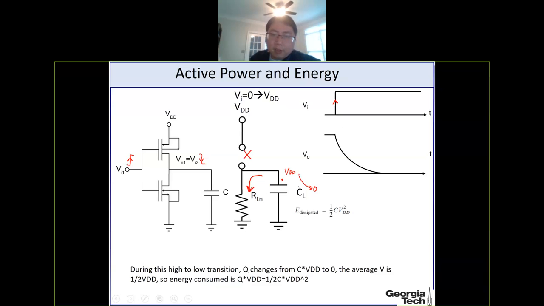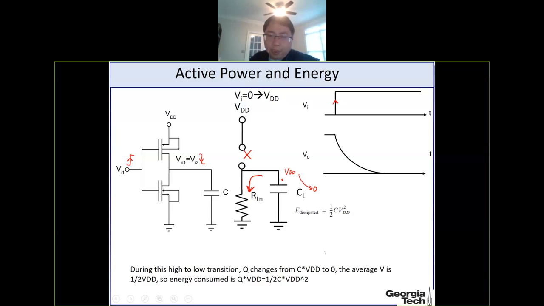And again, this is an RC circuit. Eventually this voltage goes to 0. That means there's no charge on this cap, which means no energy stored on the cap. So all the energy you previously stored on this cap, like this half C VDD squared, will be consumed through this discharge current. Again, this energy is consumed as heat on this resistor.